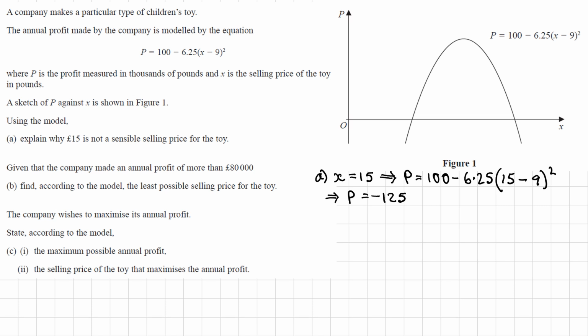Now remember that this is in thousands of pounds, and a negative profit is a loss. So this company is going to be making a loss of £125,000 if £15 is going to be the selling price of the toy. Not a good idea to be making a loss like that. So let's write that down in words.